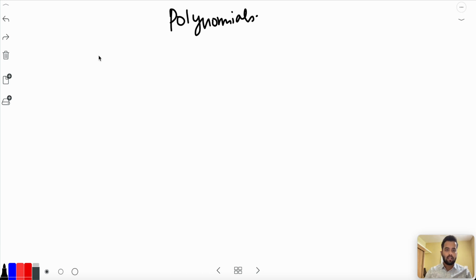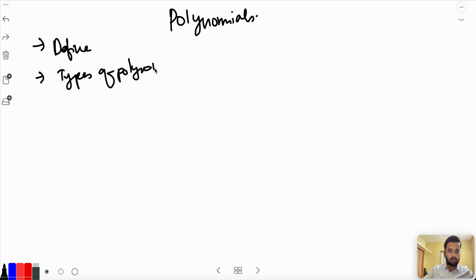So let's start with the content part. What are the content parts here? The first part will be the definition of polynomials. Then types of polynomial. After types, we will cover the zeros of polynomial.